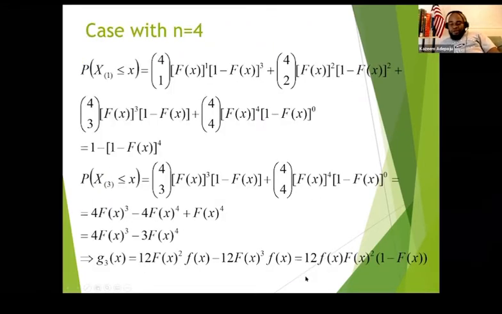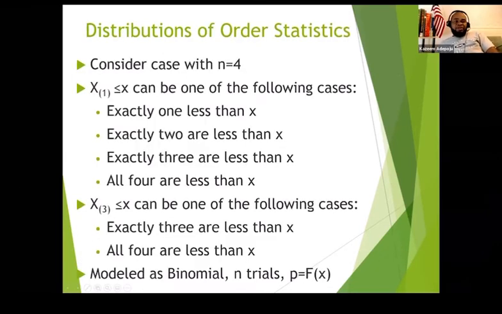Now if you want to start with the case where sample size equals 4, where you want to find the probability of X1 less than or equal to x, don't forget we said using a binomial formula, the probability of the subset is actually a CDF.